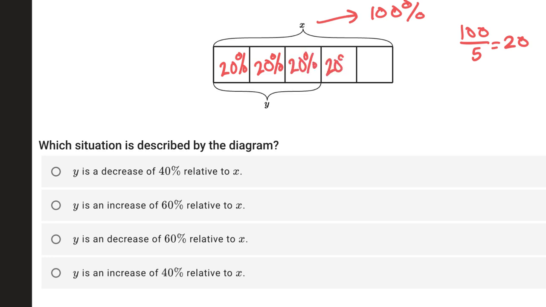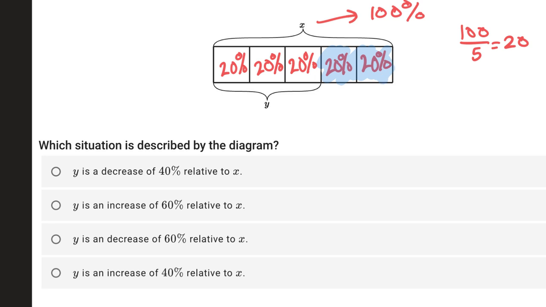All right. So if each piece of my diagram represents 20%, now we need to decide, is y less than x, meaning we're subtracting a percentage or decreasing, or is y more than x, so we're increasing? So we can obviously see here that y is 2 of these squares less.